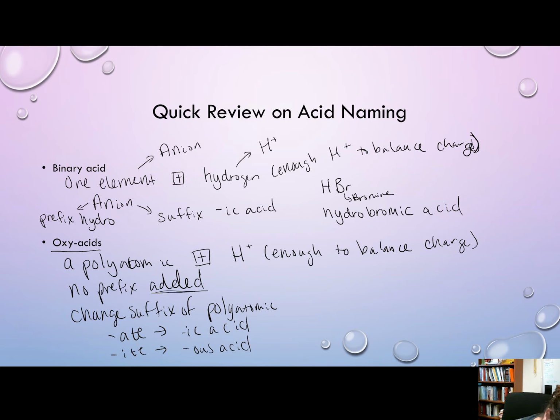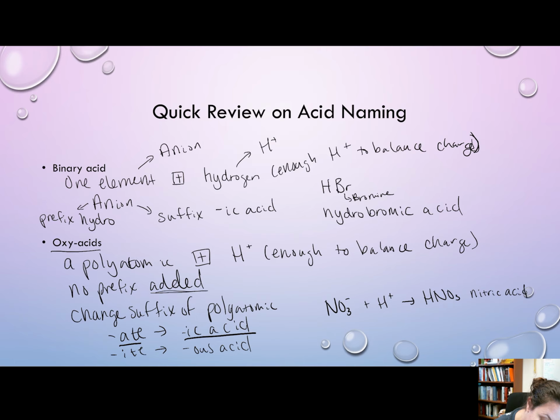Okay, so an example of a polyatomic that has an ATE ending is nitrate, NO3 minus. So if we add in one proton, so take NO3 minus, add a proton, we get HNO3. So a balanced species. That ATE ending goes to "ic" acid, so this will be nitric acid.